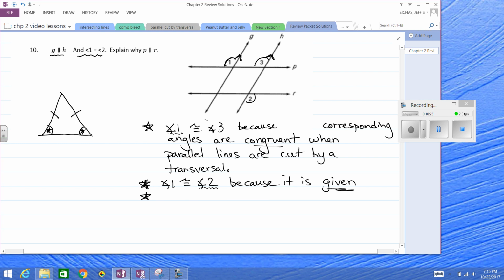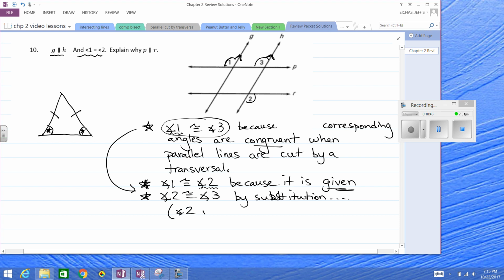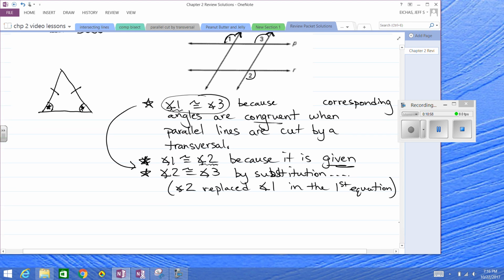So we're going to steal this equation again and rewrite it, but instead of saying angle 1, we're going to say angle 2 is congruent to angle 3. That's by substitution. I'll explain why. Angle 2 replaced angle 1 in the first equation. Or actually, congruent statement is what it really is, but we'll be a little relaxed on the writing.